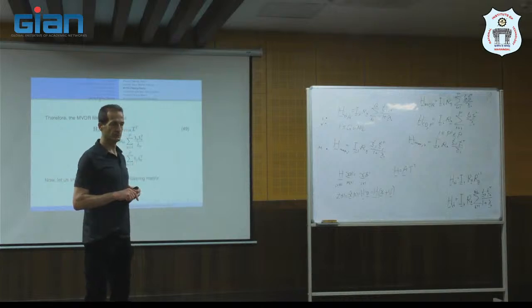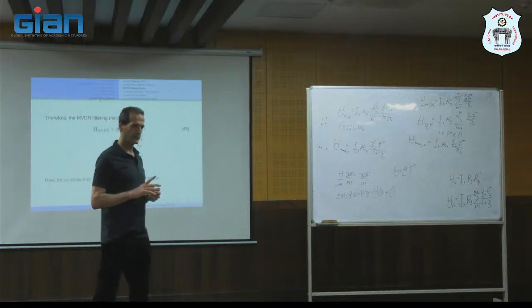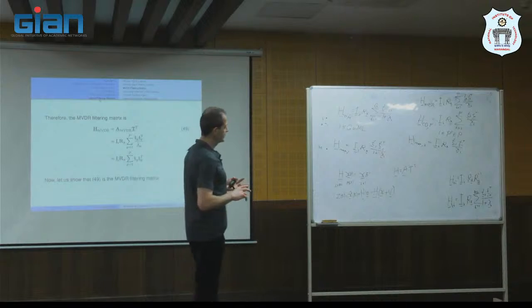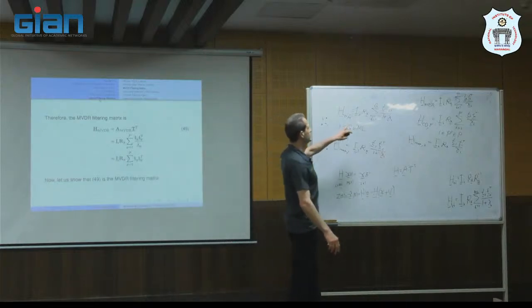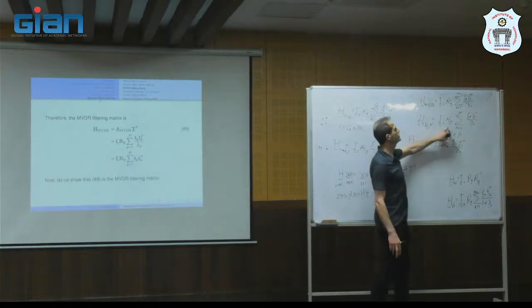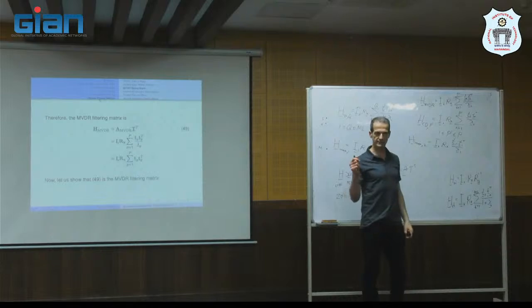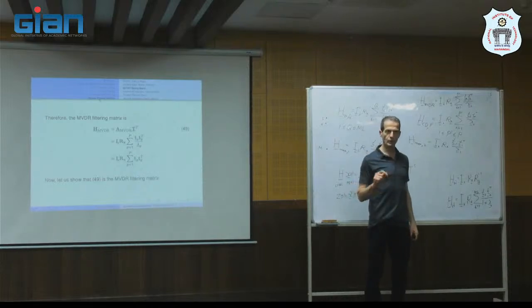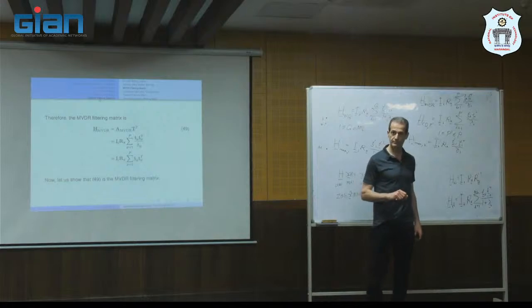So if we have here a way to control between noise reduction and signal distortion, and here I have a way to control between signal distortion and noise reduction, which one is better? Which one is a better way to control this trade-off?